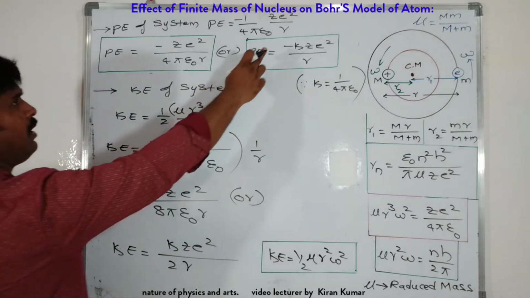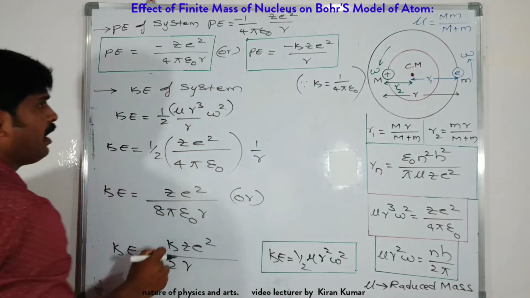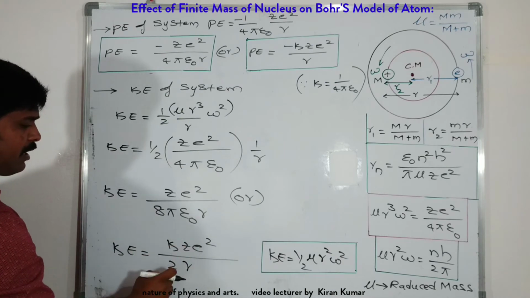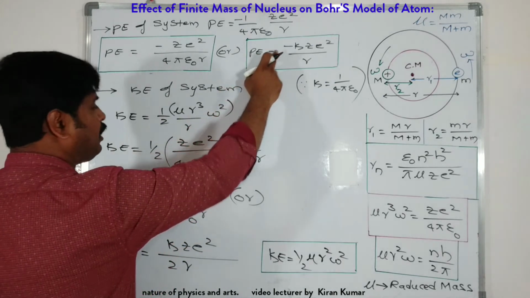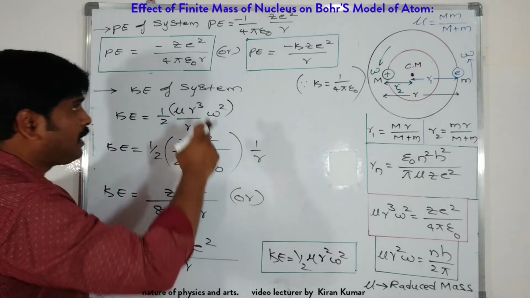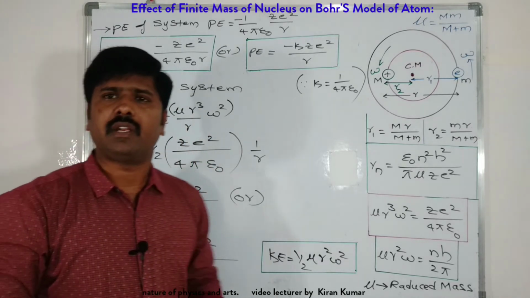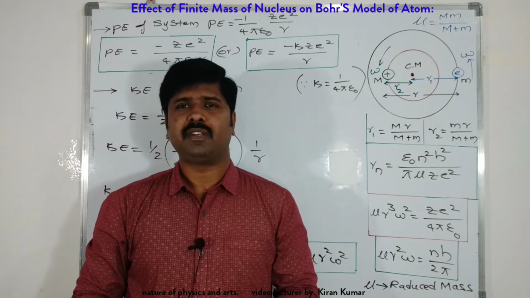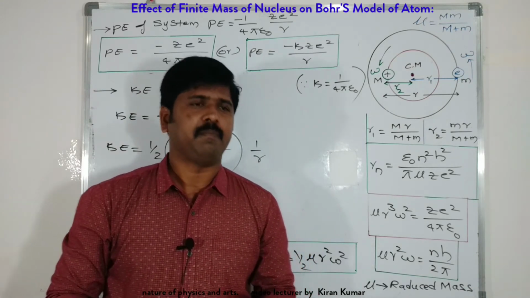See the difference: potential energy is k Z e square by r, here k Z e square by 2r, and there is a negative sign for potential energy, but kinetic energy is positive. Please copy this equation, then we will discuss the total energy of the system.